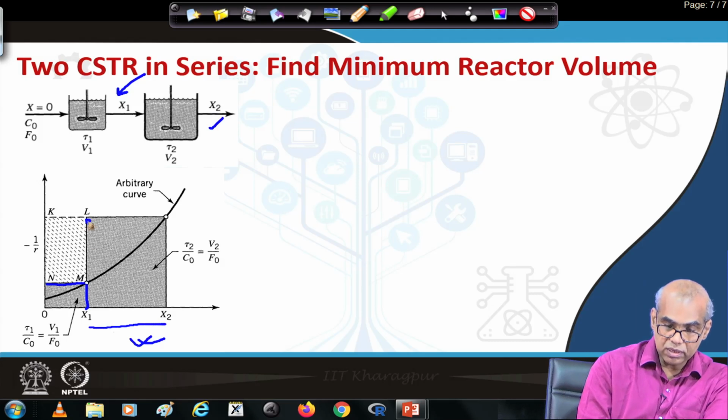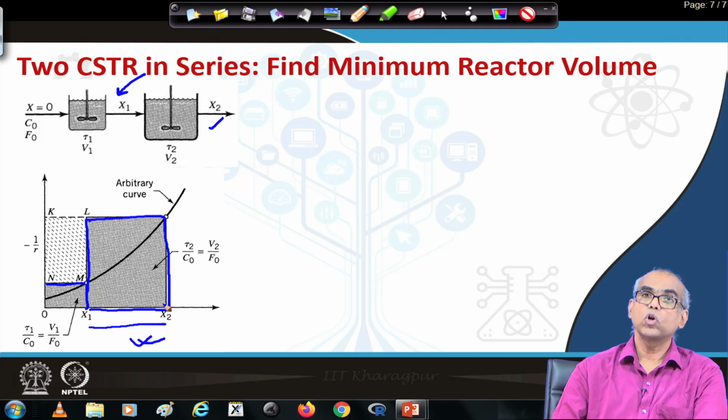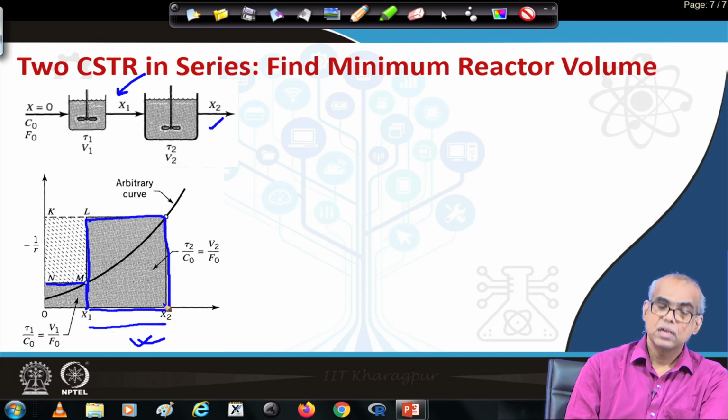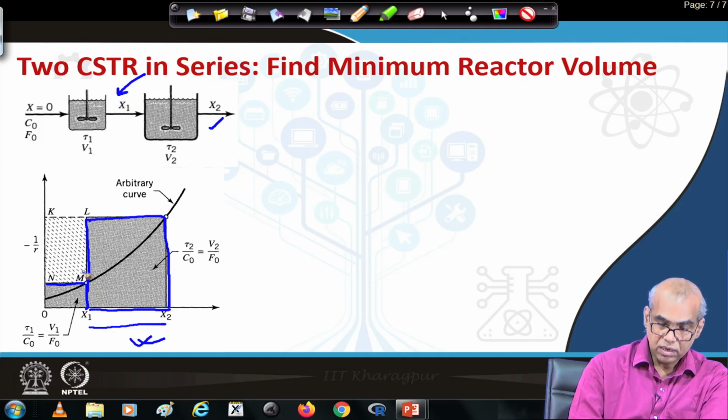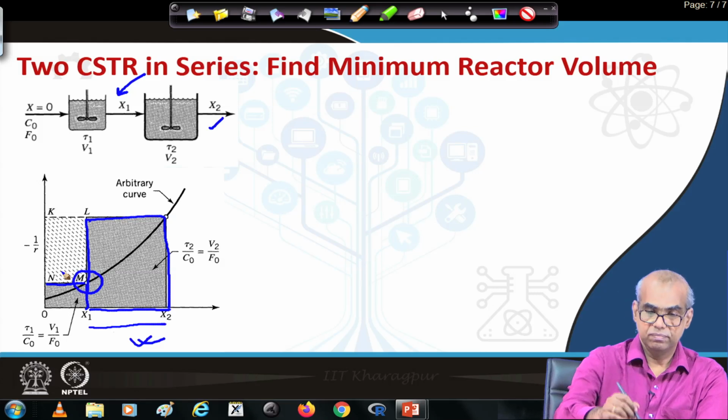So, this area is a measure of the volume of the second CSTR. And note that this conversion X1 is indicated by point M on the rate curve.